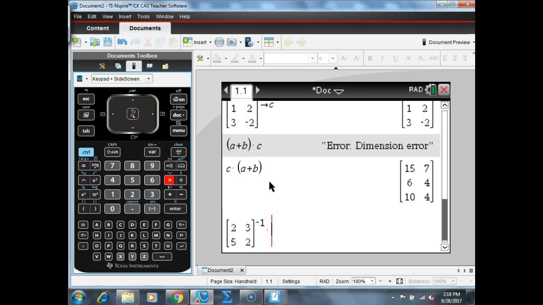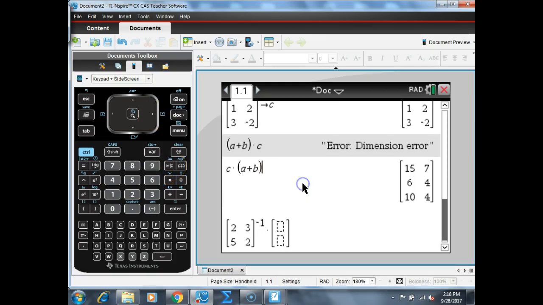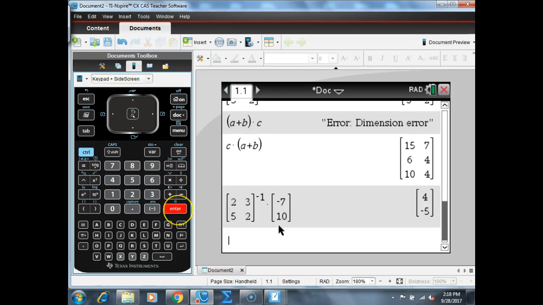Then I'm going to multiply that by the 2 by 1 matrix of negative 7 and 10. And I should get, because we just did these examples today in class, X is 4 and Y is negative 5. And there it is. X is 4 and Y is negative 5.